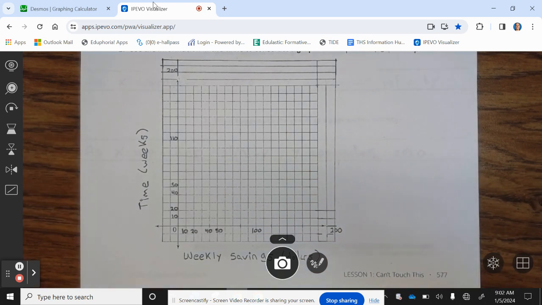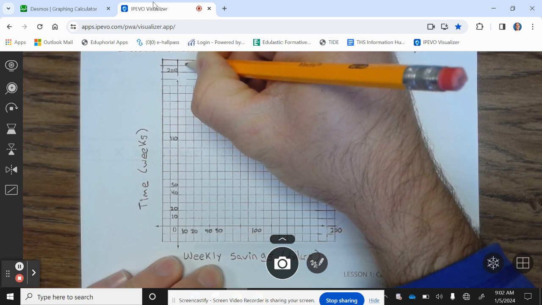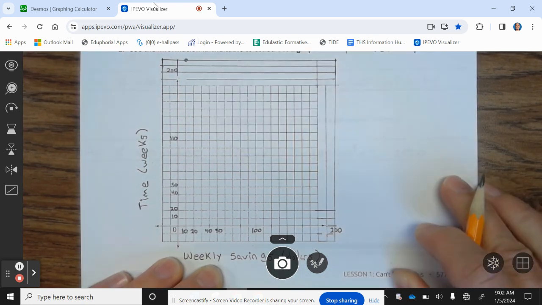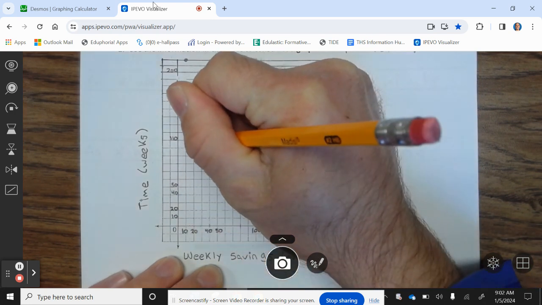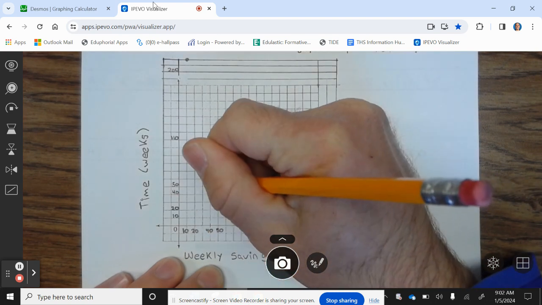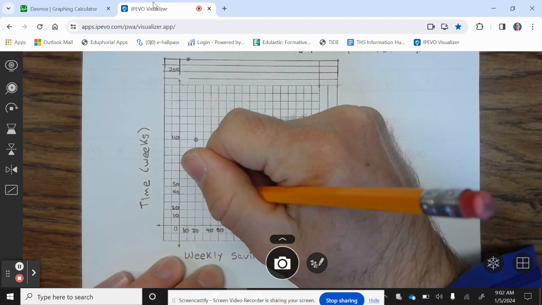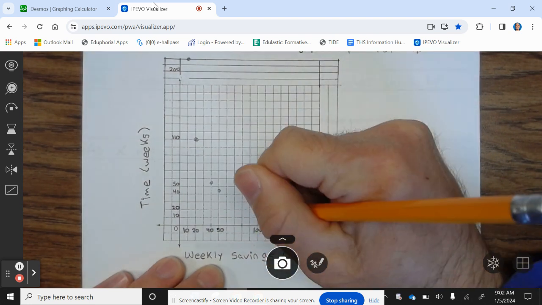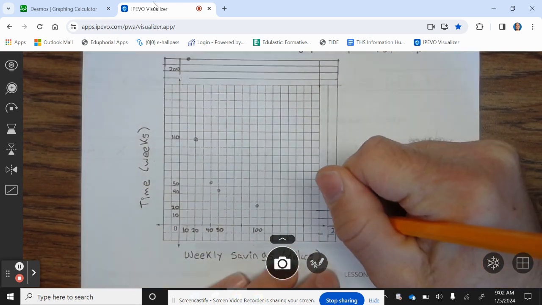Okay, so let's graph the points. 10, 220, it's right there. 20, 110, it's right here. 40, 55, 50, 44, 100, 22, 211.